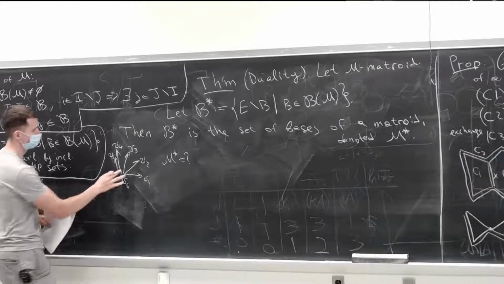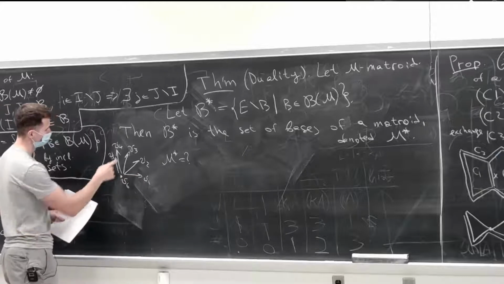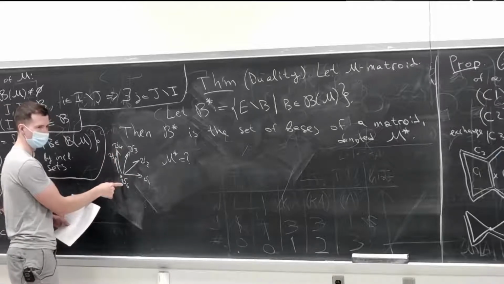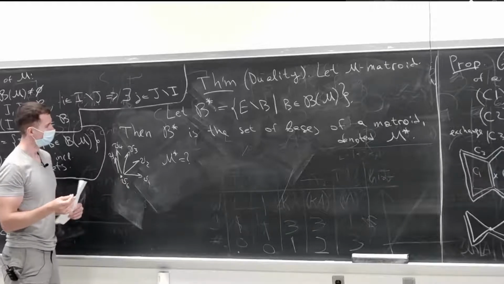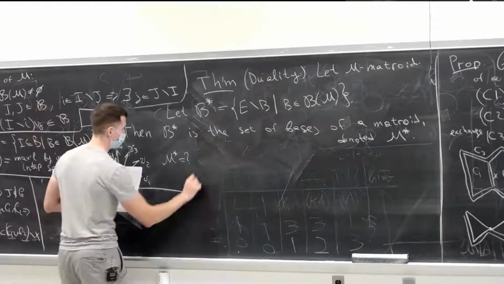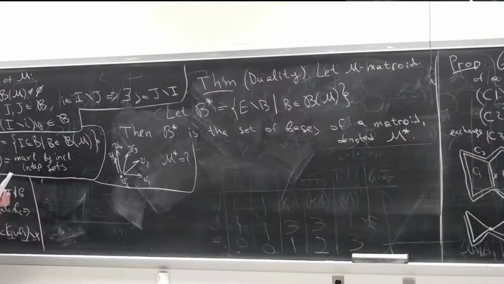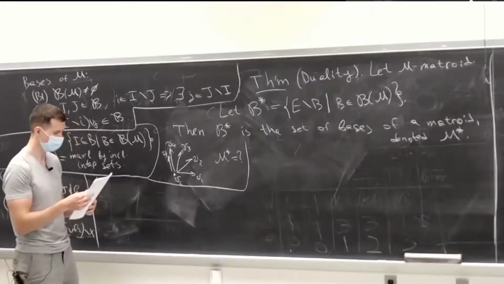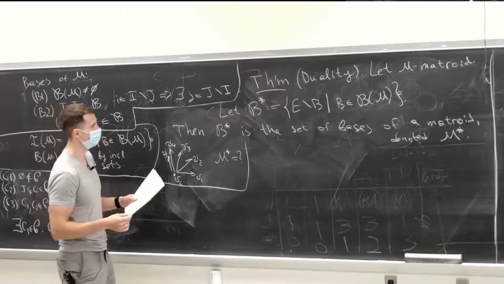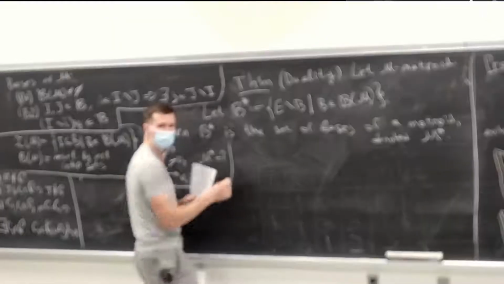Like here, 1, 2 is a basis, so 3, 4, 5, 6 should be a basis of the dual matroid. I'm going to answer this question maybe in the next lecture, but it's a good question. Actually, it's not trivial to see what this does. But maybe let me try another example.